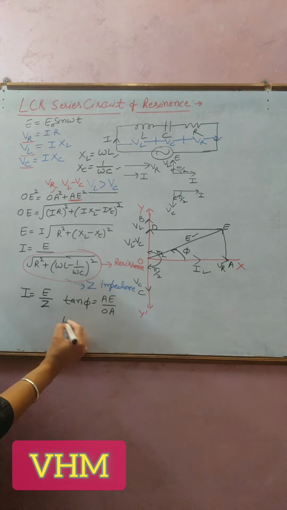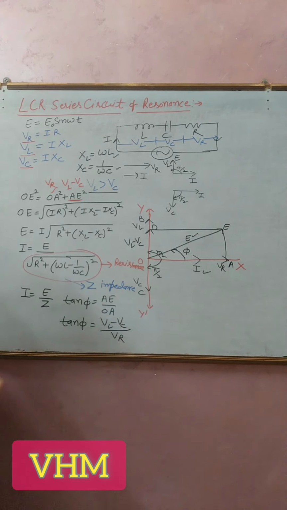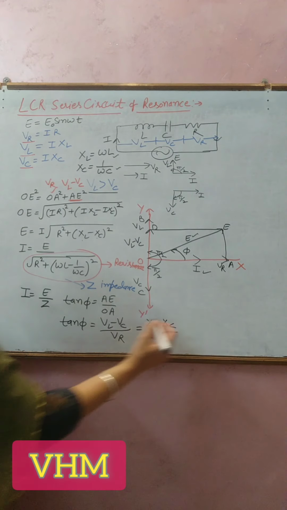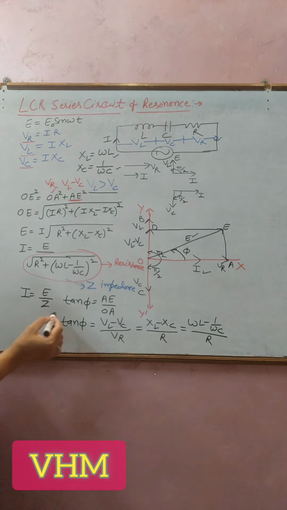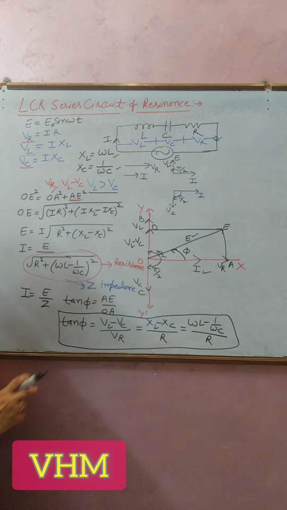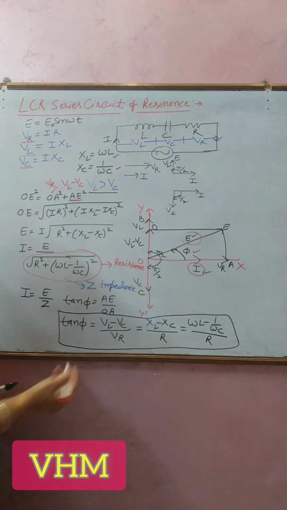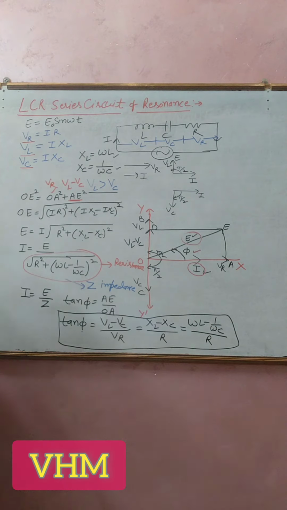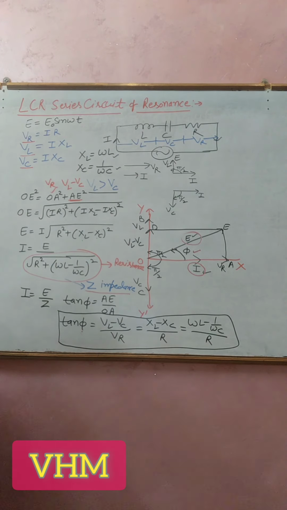AE is equal to VL minus VC, and OA is VR. So tan phi is (XL minus XC) over R, or (omega L minus 1 by omega C) over R. Here we have the phase relation for the LCR series circuit: from the phasor diagram it is clear that voltage leads the current by the phase angle phi, given by tan phi equal to (omega L minus 1 upon omega C) by R. This is the phase angle, and this is the impedance.